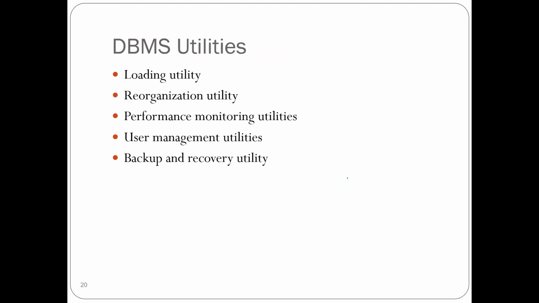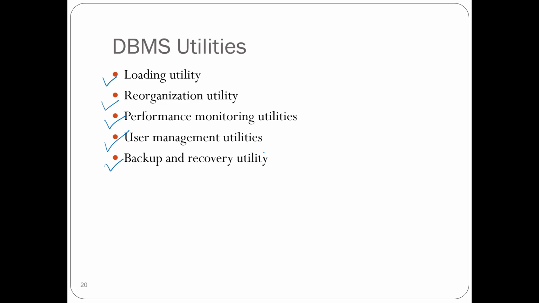And then the DBMS also provides some utilities. You're looking at some utilities provided by the DBMS. We have the loading utility, the reorganization utility, performance monitoring utilities, user management utilities, and backup and recovery utilities. All these utilities are intuitive and self-explanatory, but I'll give you a little bit of explanation.